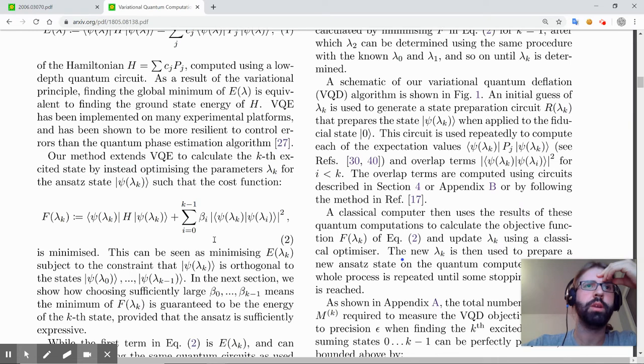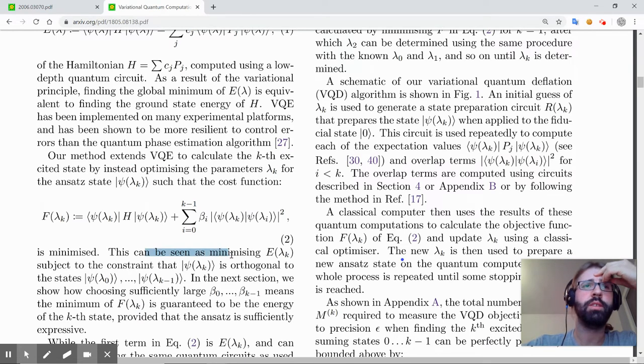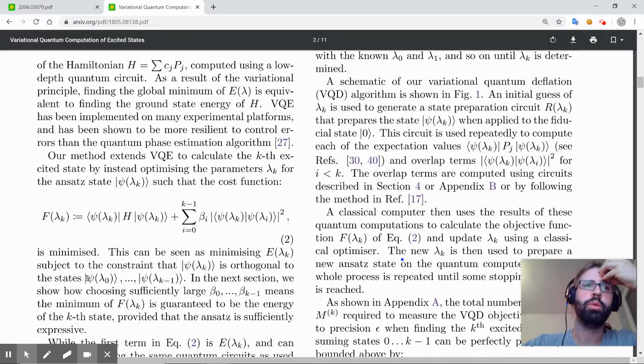The kth excited state is found by optimizing the parameters such that the cost function is minimized. This can be seen as minimizing the energy subject to the constraint that lambda k is orthogonal to the states, so it's orthogonal to, and what are these? All the other ones?